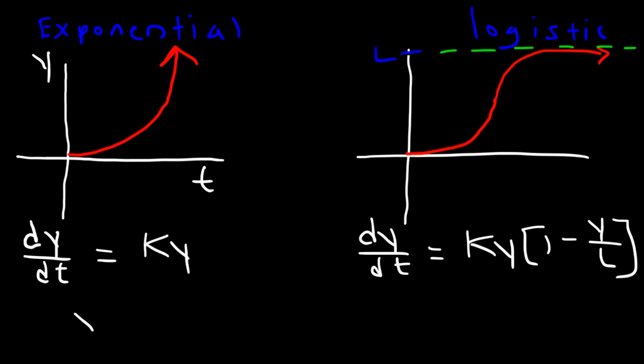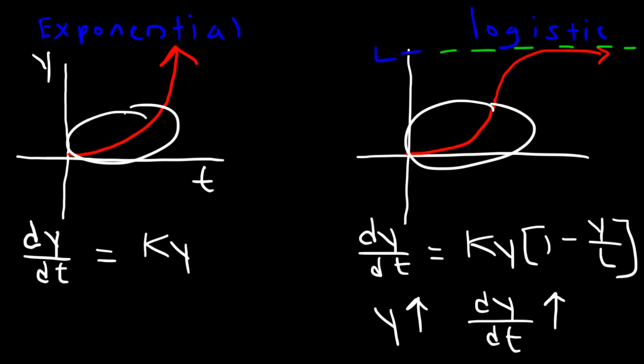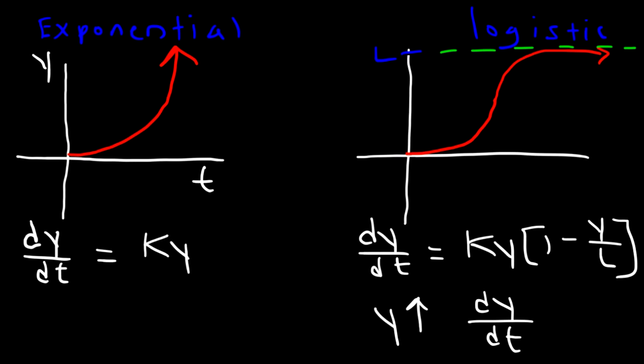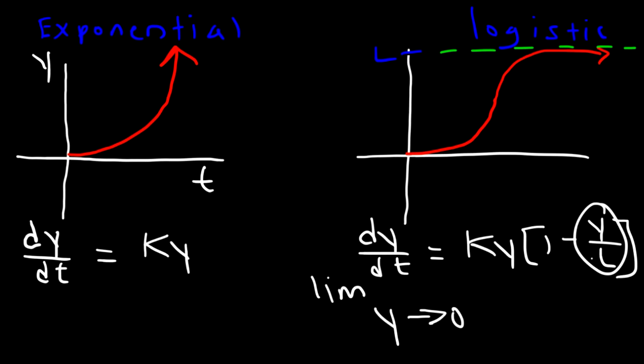Now, what about a logistic curve? As y increases, dy/dt increases as well. In the first part of the graph, you can see that it looks like an exponential curve. Now, notice what happens if we take the limit as y approaches 0. When y is very small, what's going to happen to the expression y over L?